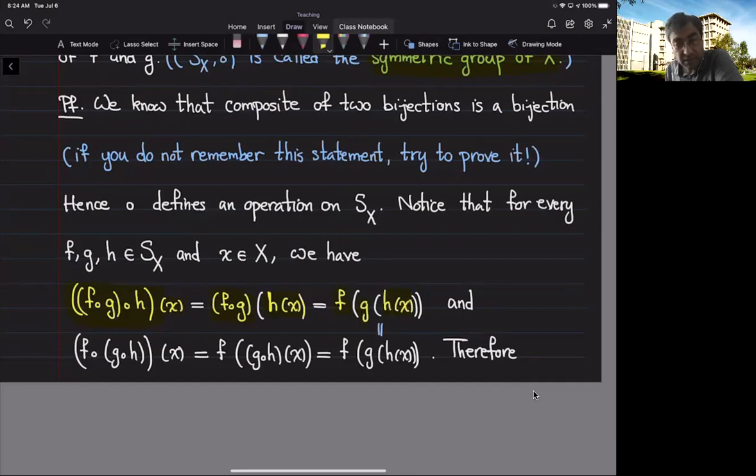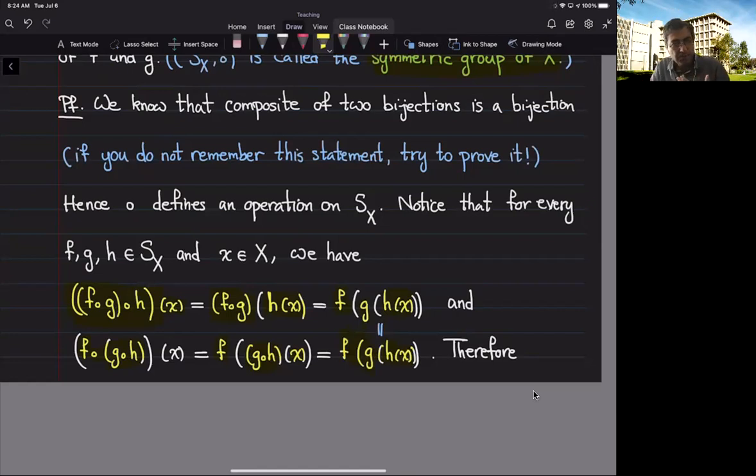Now, if I look at the other side of the associativity equation, f∘g∘h is the same as f∘(g∘h) applied to x, and g∘h means g of h of x. So we reach the same value.